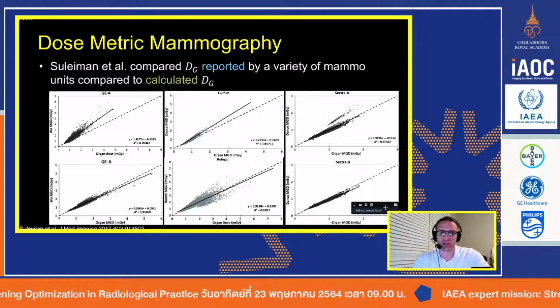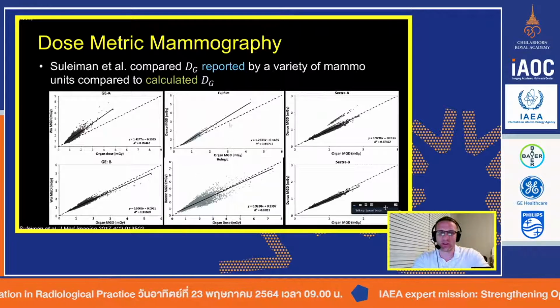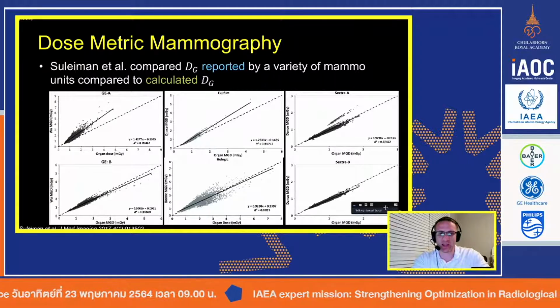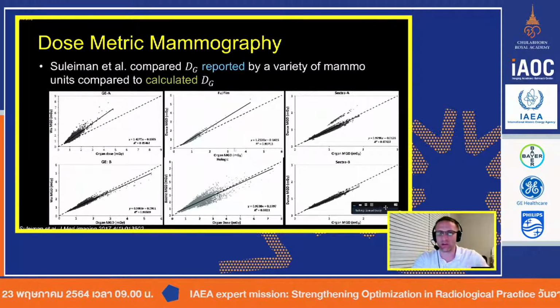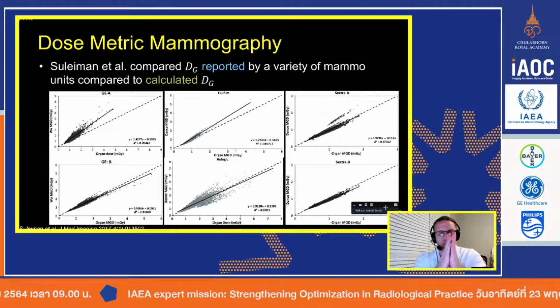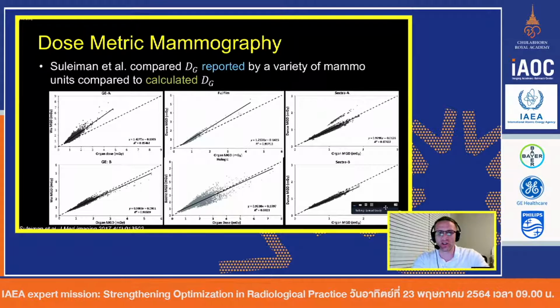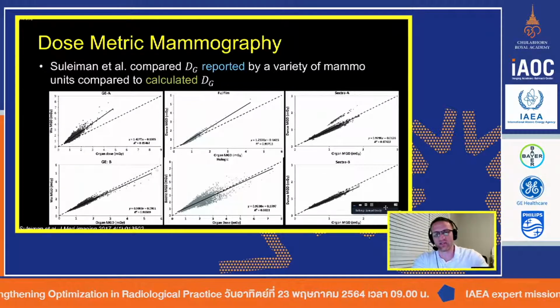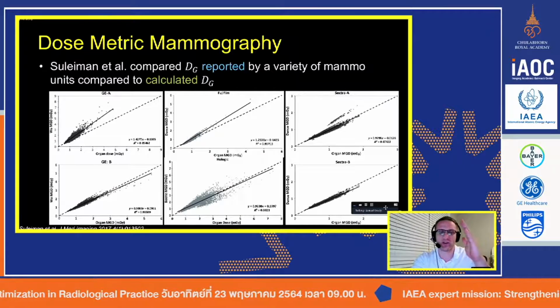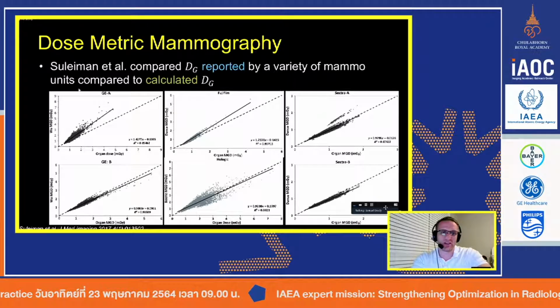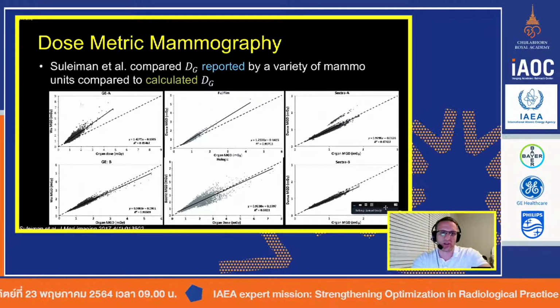If the machine reported a number exactly the same as what was calculated by hand, it would be a one-to-one correlation, or perfectly accurate, 100% accurate. So anytime the trend lines deviate from this dashed line, that tells you how much the system values differ from truth. You can see there are a couple of things going on.